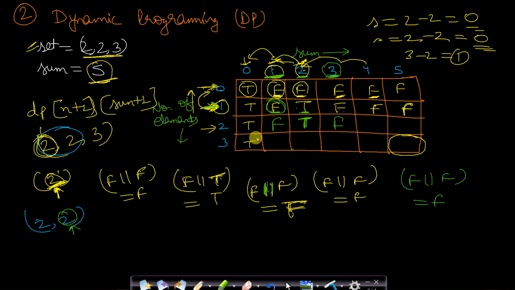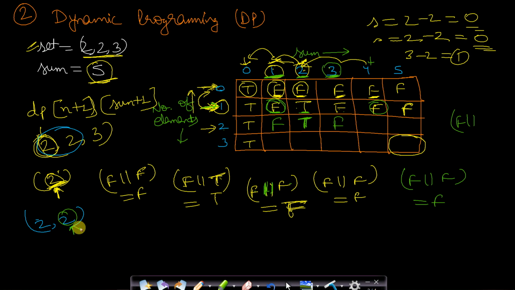Okay, now we are moving on to 4. When we move on to 4, can we find 4 by not including the second element? It is saying false. We cannot find 4 by not including the second element, so this will be false. And then the second option says that if we include this second element, then can we find the sum 4?